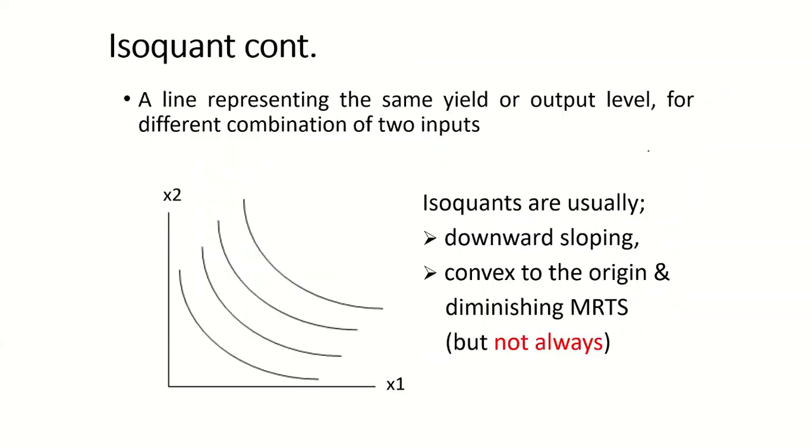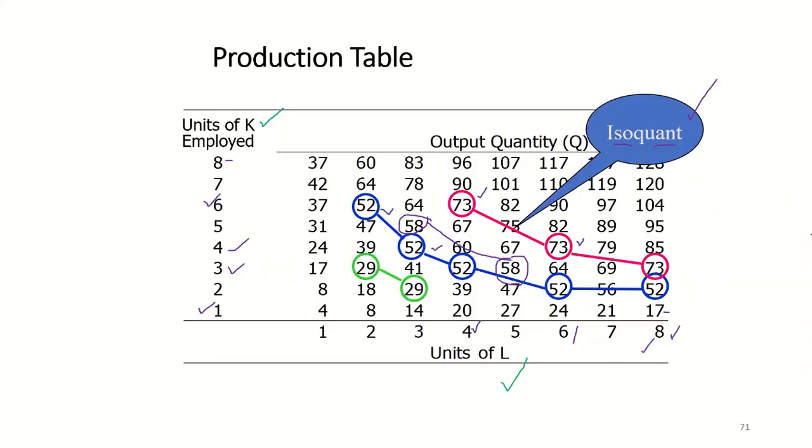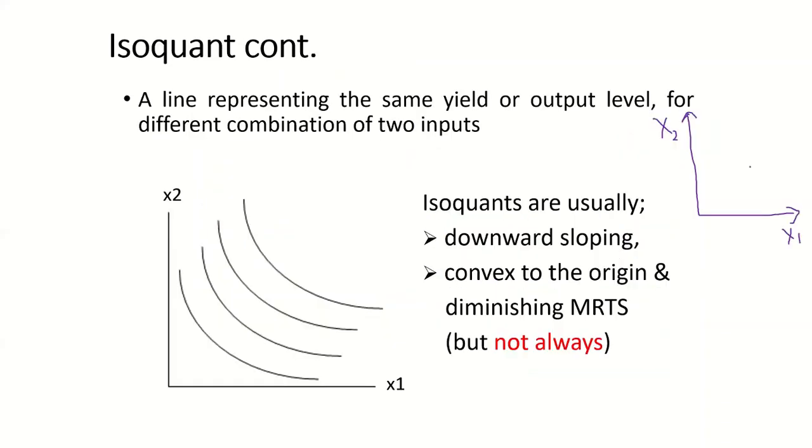Now let's take one curve out. If you draw several isoquants on the same graph, it's called an isoquant map. I'm just going to draw one isoquant. So you have x2 on this axis, x1 on this axis, and the yield level is 52 kilo.